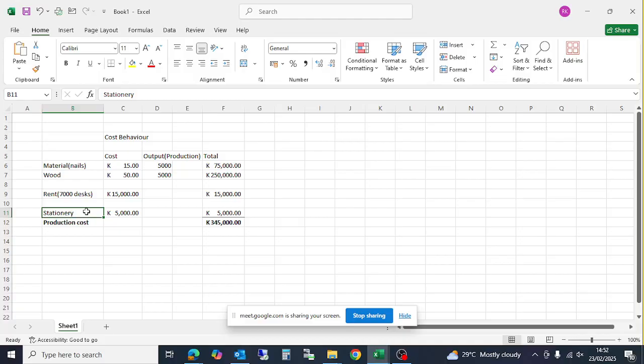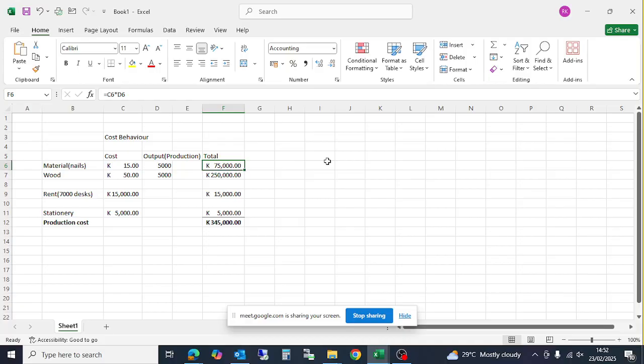If we produce fewer than 5,000 desks, let's say maybe 3,000, do you think the 75,000 kwacha nails cost will remain the same, or will it reduce?